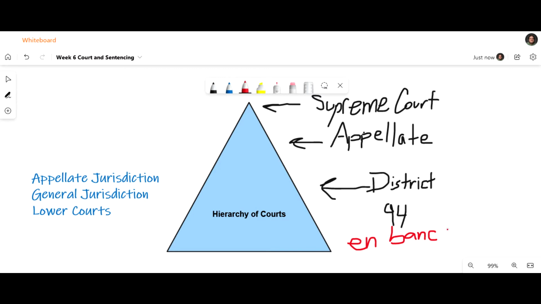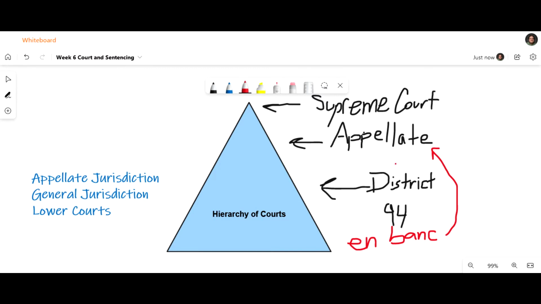And so again, that's a term that's used with the appellate court when we have not just groups of 3 listening. I'm definitely not doing a great job describing it, so let me reiterate what I'm trying to say.